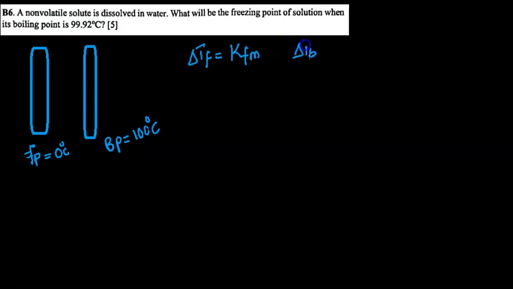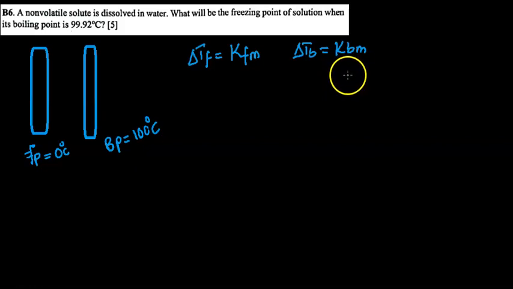The KF is simply the cryoscopic constant, which is approximately 1.86 degrees Celsius kilogram per mole. While in the case of KB, it is also a constant, which is approximately 0.512 degrees Celsius kilogram per mole.